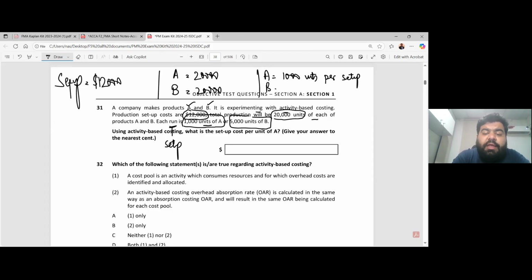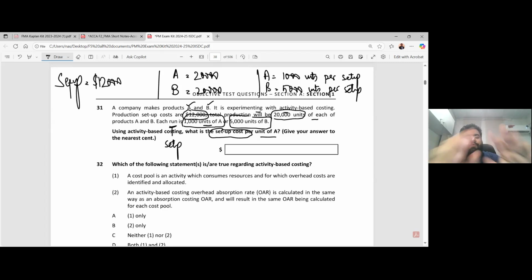And B is making 5000 units per run or per setup. Now they are asking, using ABC, what is the setup cost per unit of A? Never be worried about that. Whenever this type of question comes, do the normal question. First calculate OAR, that is the cost pool. Cost pool is the setup cost of 12,000, divided by the number of setups we need.